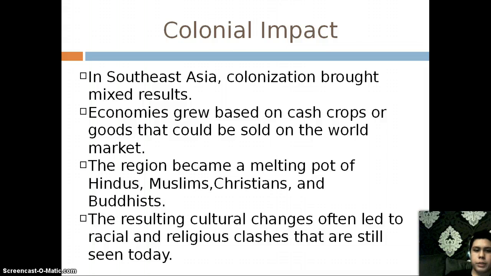The region became a melting pot of Hindus, Muslims, Christians, and Buddhists. And I'm sorry, it should be religion, not region. The resulting cultural changes often led to racial and religious clashes that are still seen today.